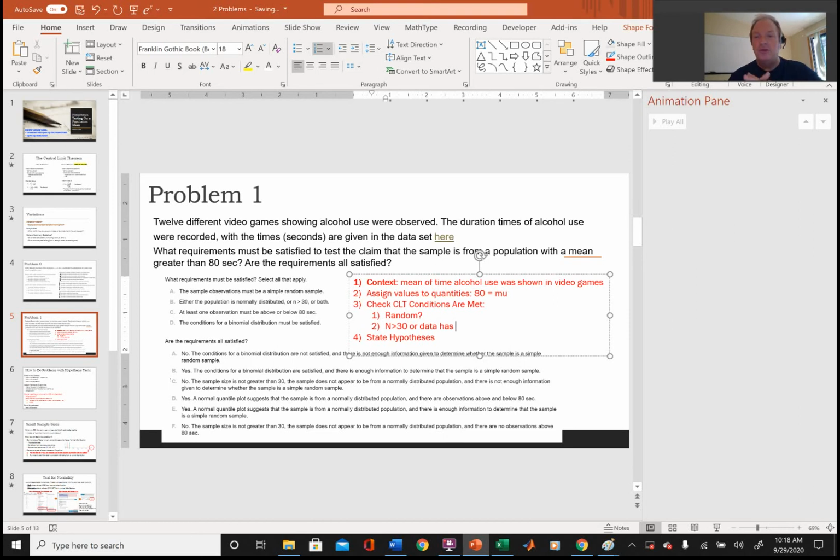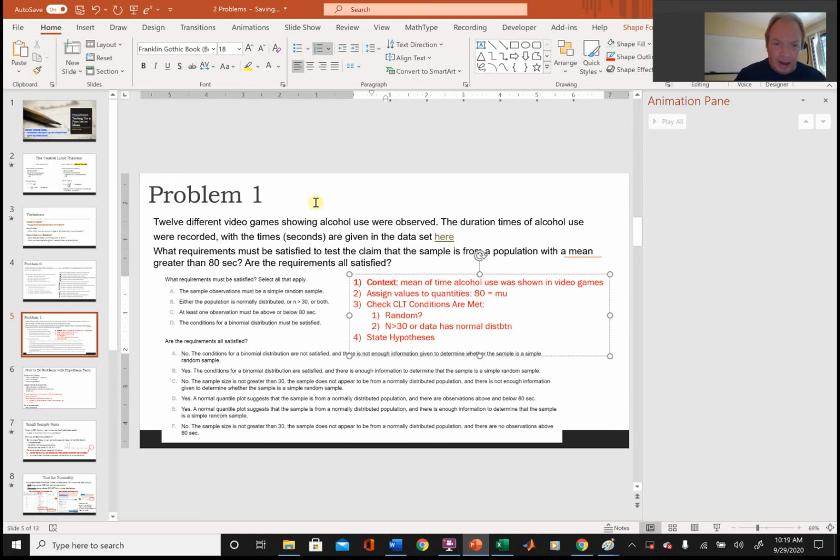I'm going to use normal and symmetric mound shape interchangeably, because for small data sets it is really hard to definitively say it's normal. In the same way, I'm going to say random and representative sample are equivalent, because either one's going to suffice.